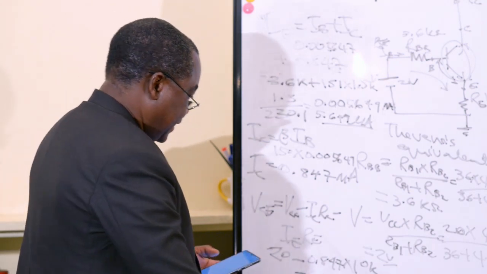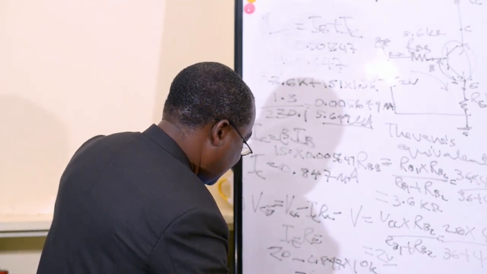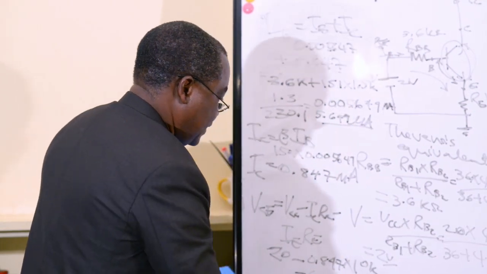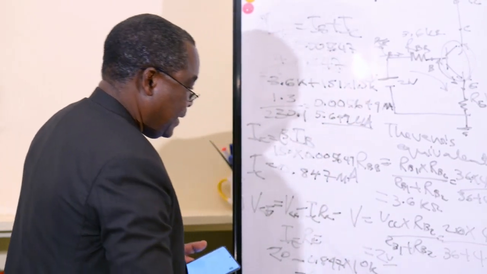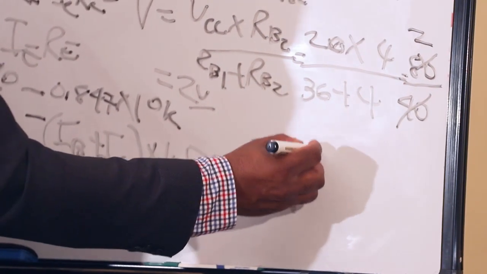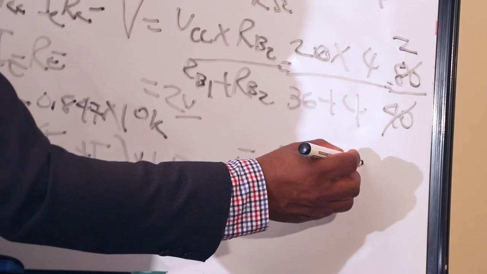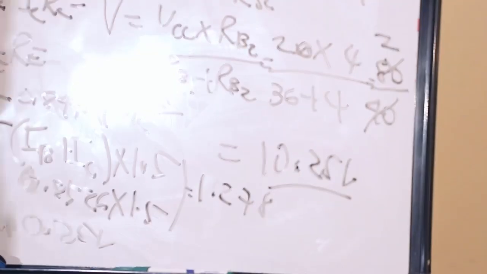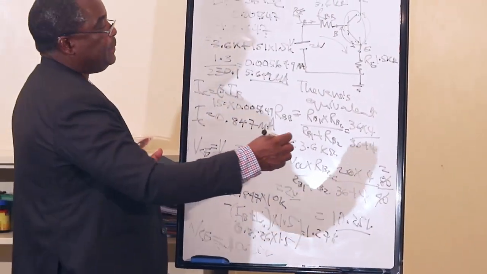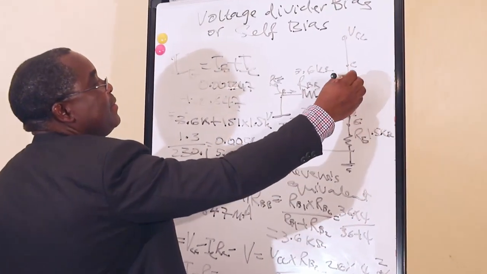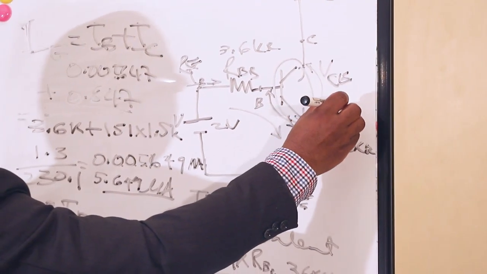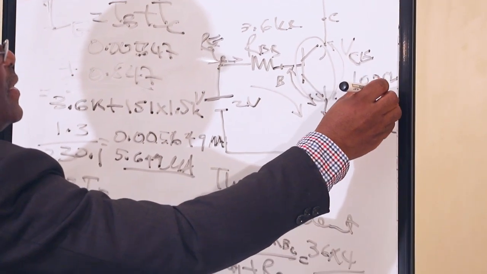We have here 10.25. This is the volts, 10.25 voltage. So our Thevenin VCE is 10.25 voltage.